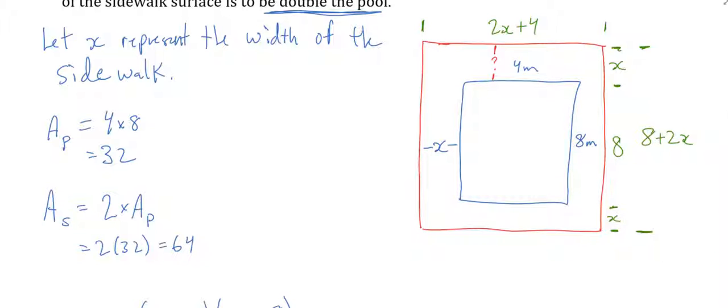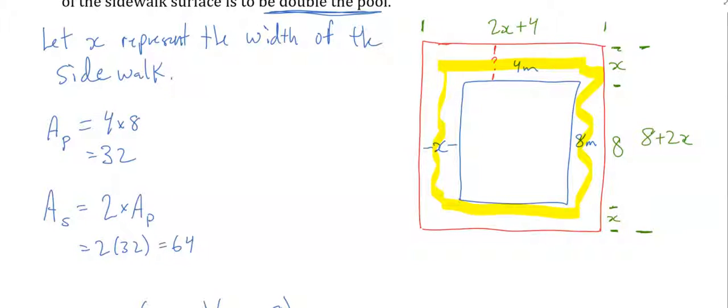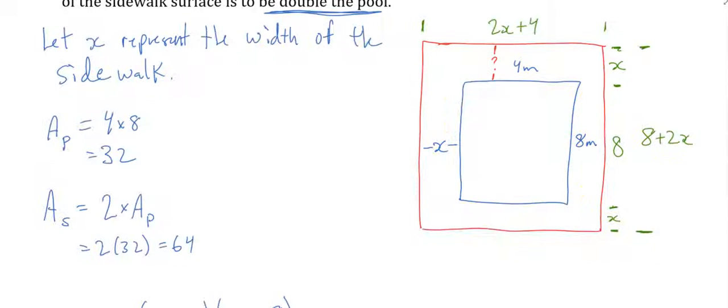In terms of what we've done here. Is it just the area of sidewalk? That would just be this. Oh, so it would just be area of pool and area of sidewalk. We need the total area. We need both, right? When I multiply these dimensions, it's going to give me the area of both of these added together.